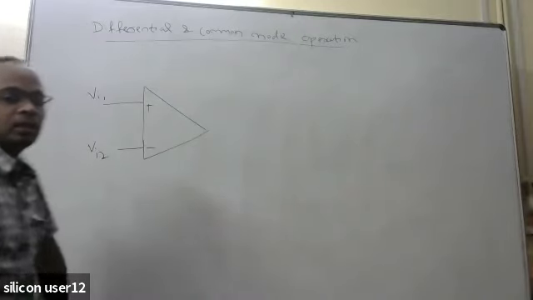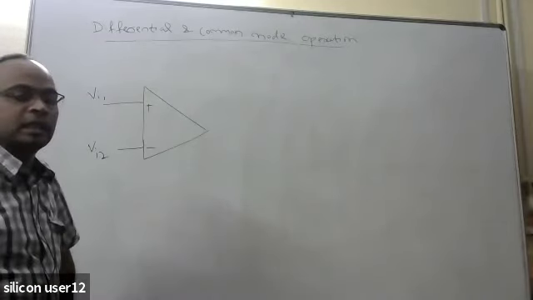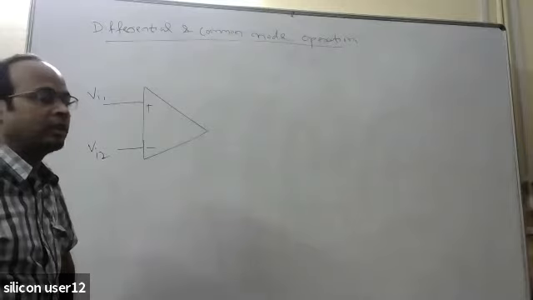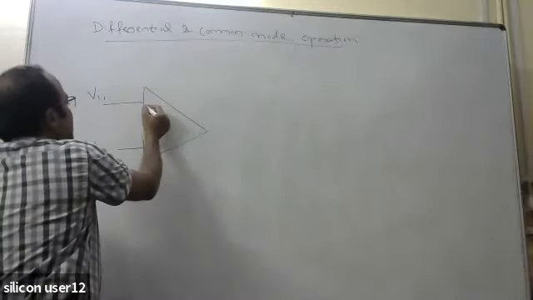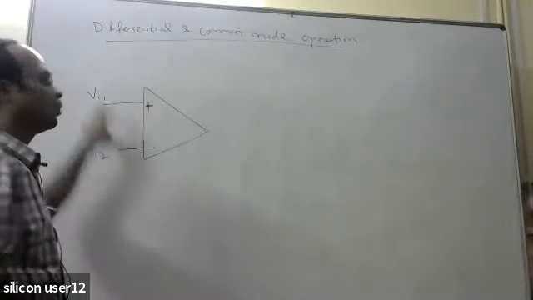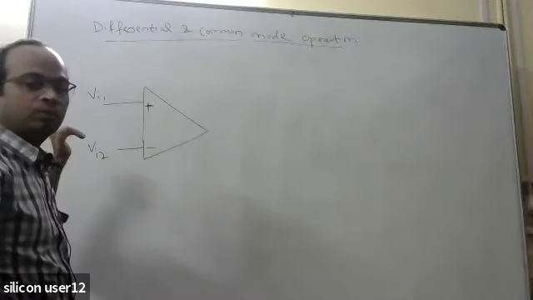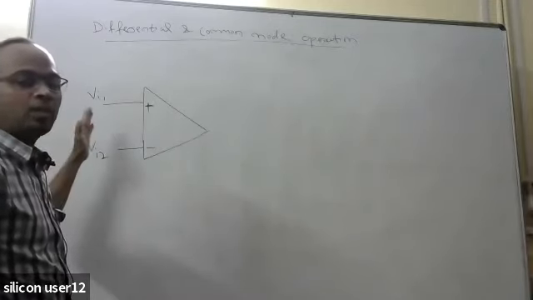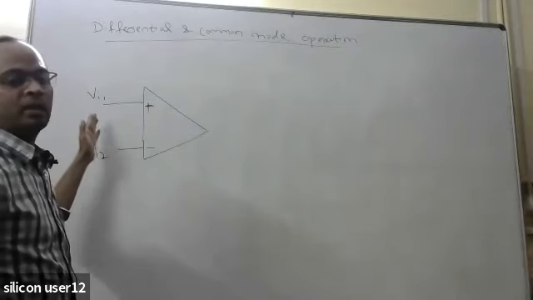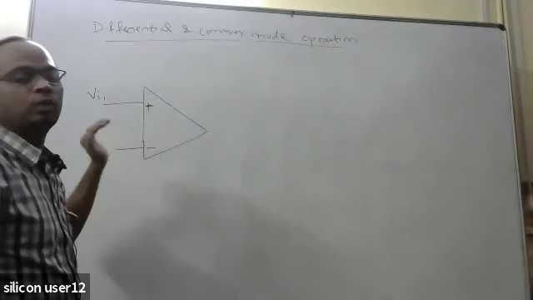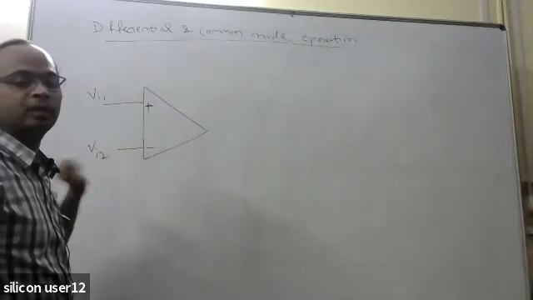If two signals are given to the plus and minus terminals, then the difference between them is equal to Vi1 minus Vi2, and the common component applied to both terminals will be the average of Vi1 and Vi2.